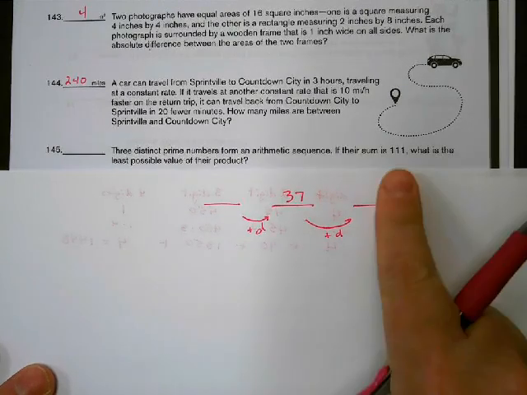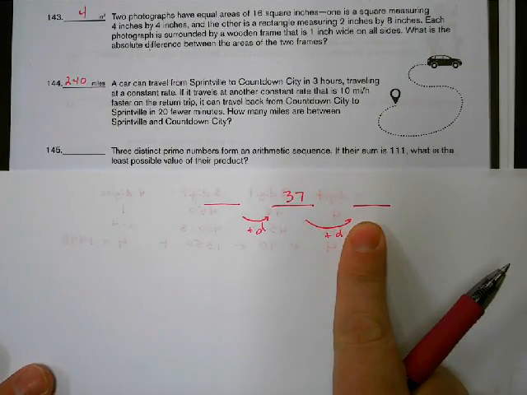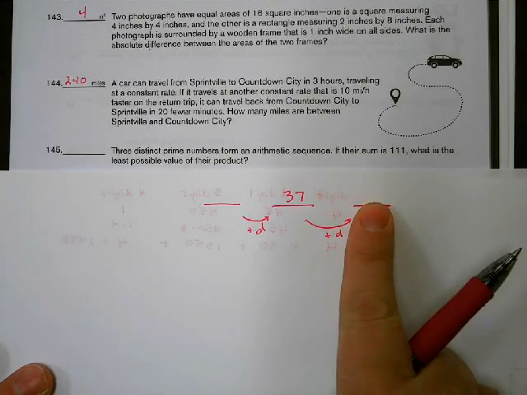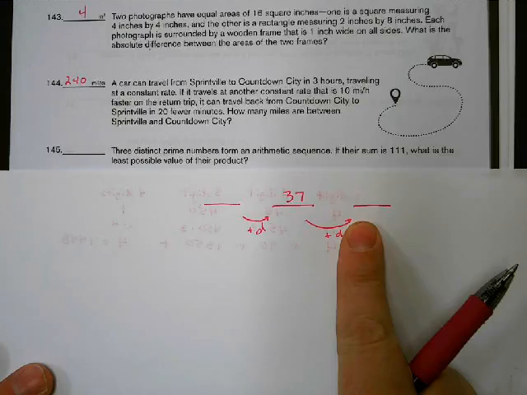Since these are all prime numbers, one of our prime numbers is 2. But if we're adding all three of these together and we're getting an odd number here, and every prime number except for 2 is odd, we can't use 2.